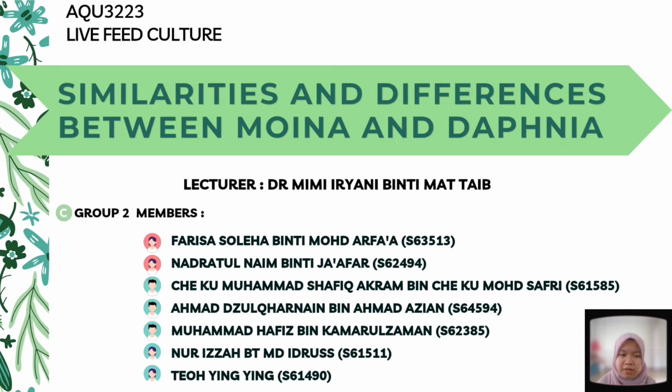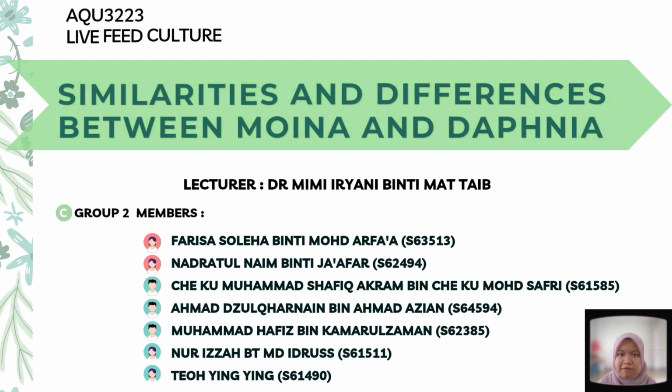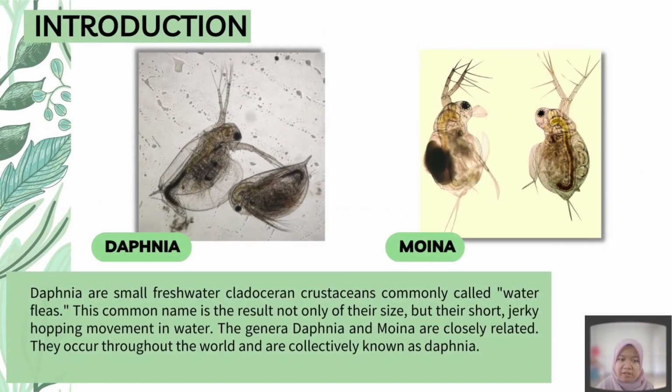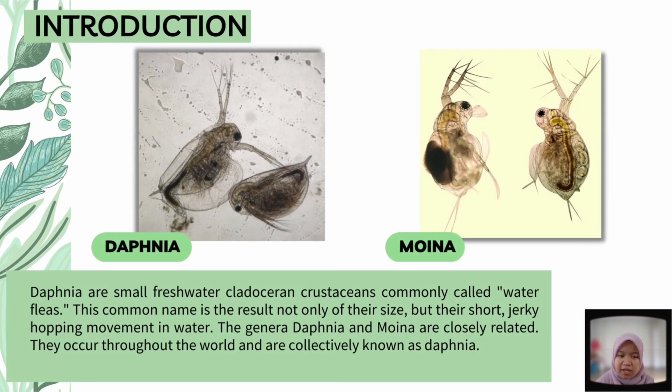So for this presentation, me and Farisa Soleha will represent our group 2 to explain about the similarities and differences between Moina and Daphnia. As an introduction, Daphnia are small freshwater cladoceran crustaceans, commonly called water fleas. This common name is the result of not only their size but their short, jerky, hopping movement in water.